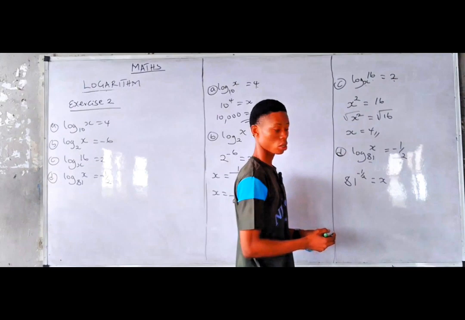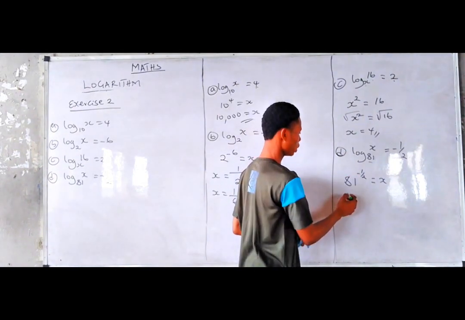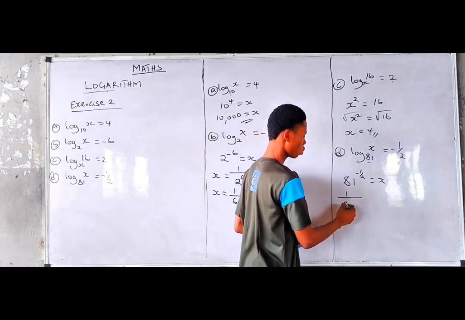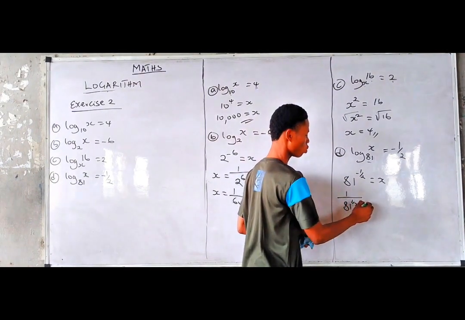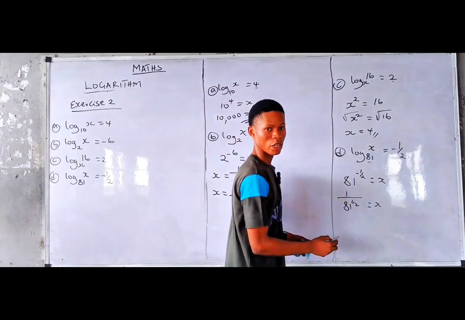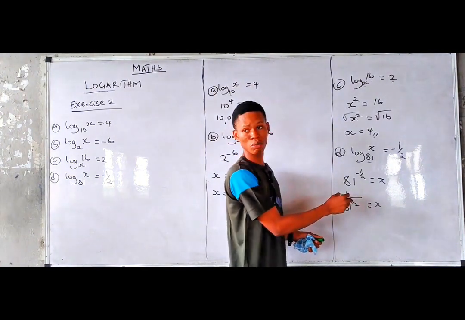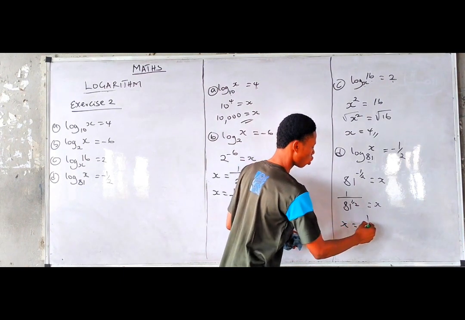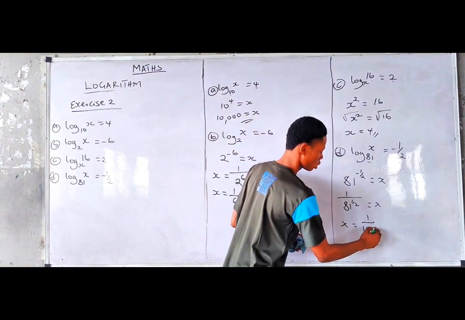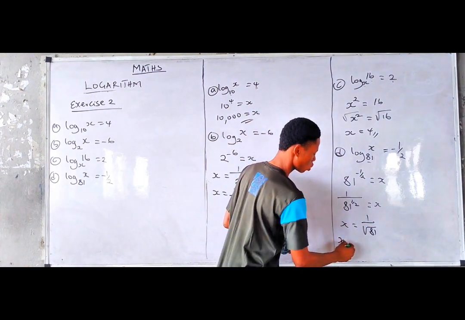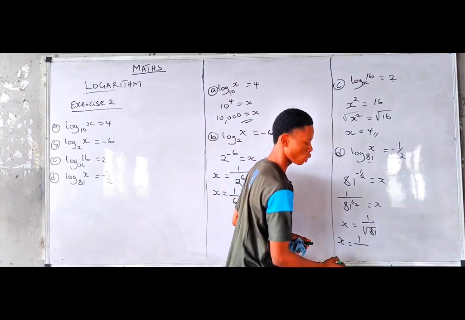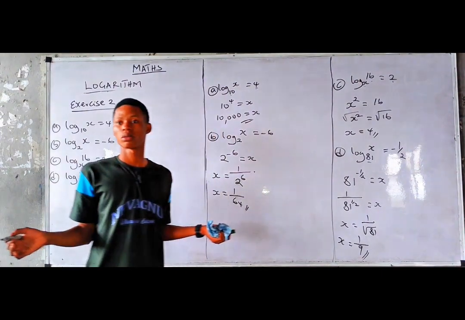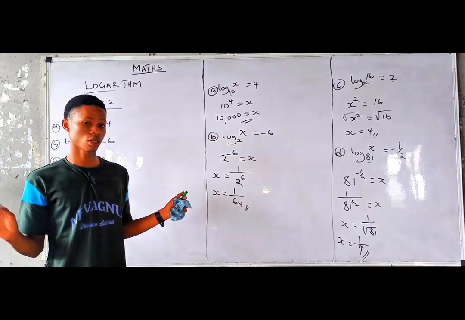This is the same thing as saying 1 all over 81 raised to power half equal to x. And you know that when they say raised to power half, it's the same thing as saying take the square root. So we have x equal to 1 all over the square root of 81. The square root of 81 is what? That's all. Everything.